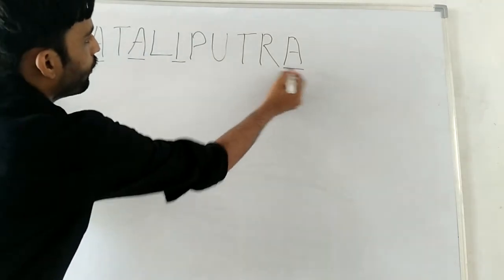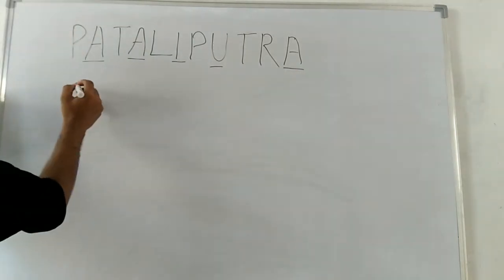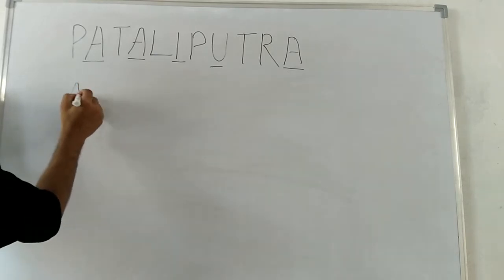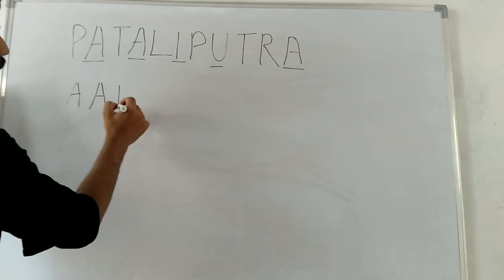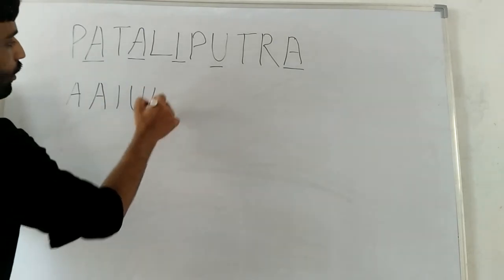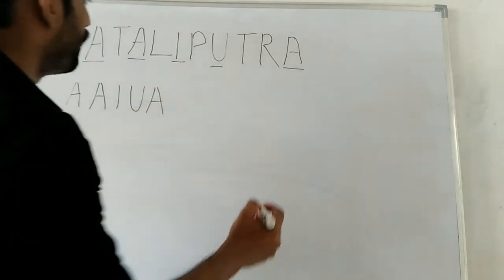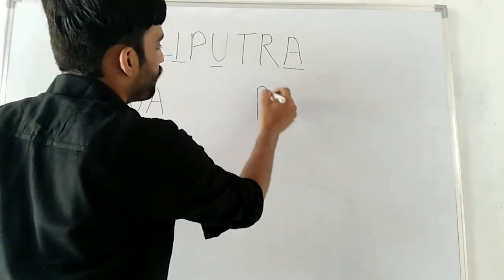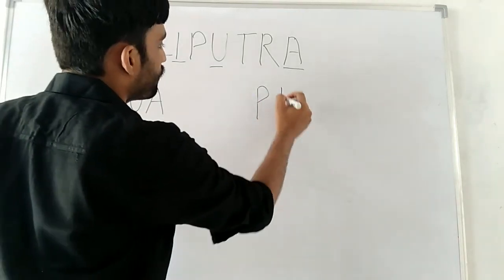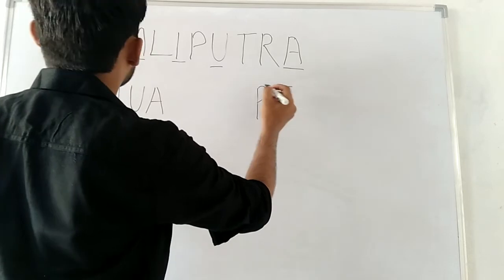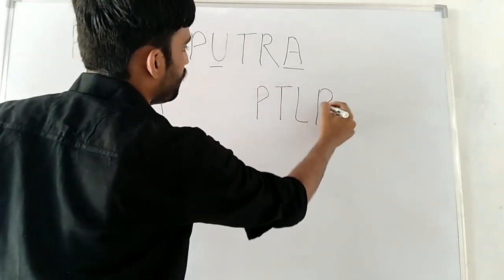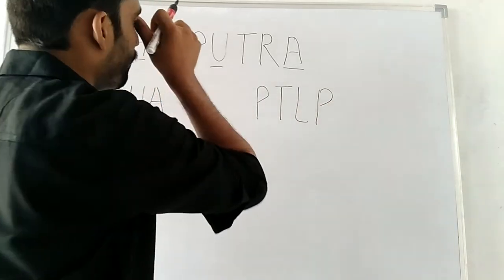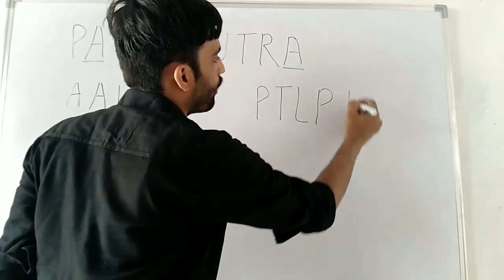There are 5 vowels. Separating them, and separating consonants, PT, LP, TR.